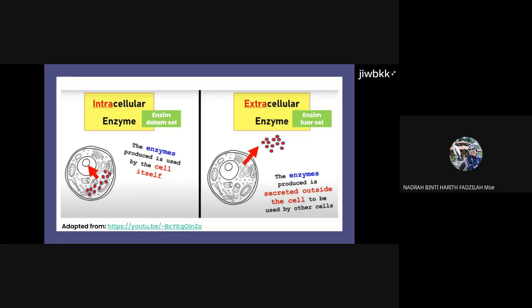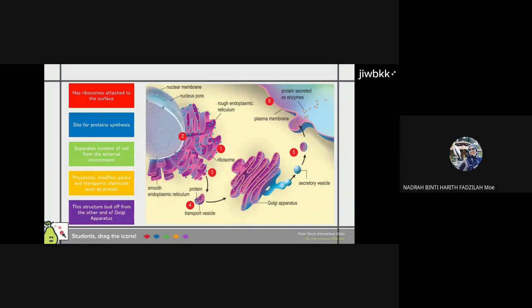Before we move on to the production of extracellular enzyme, kita nak buat sedikit revision. On the left side are the different organelles involved in production of extracellular enzyme. Can you carry the fishes to the right number?